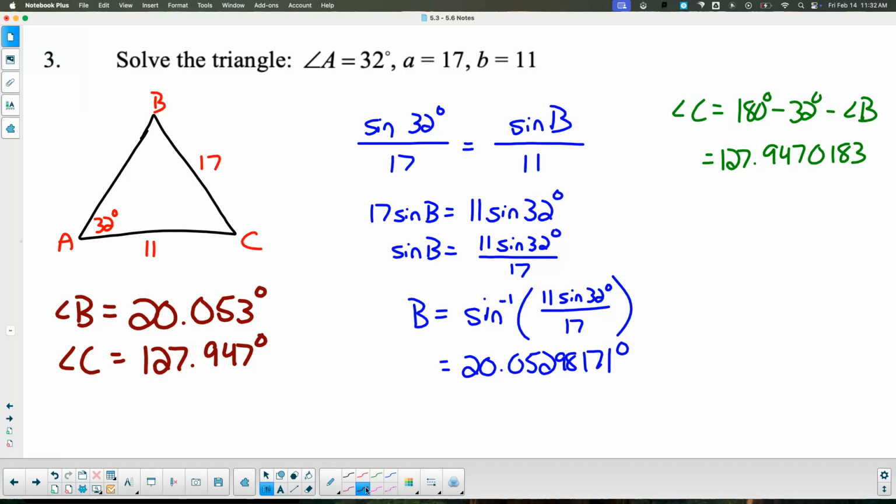Leaving that on my calculator now, because now I've got to do a law of sines again.